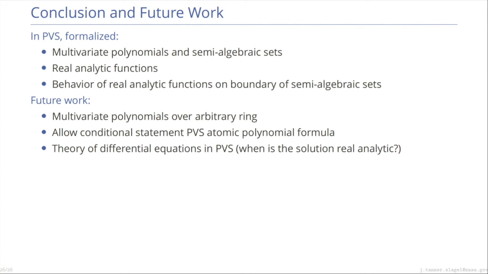So we could definitely prove a wider range of mathematical results. We could also expand the description of semi-algebraic sets in PBS. Right now, we have to put it in disjunctive normal form. It would be nice to actually talk about more general atomic polynomial formulas with conditional statements and if and only ifs, and just have a function that transforms it to disjunctive normal form.